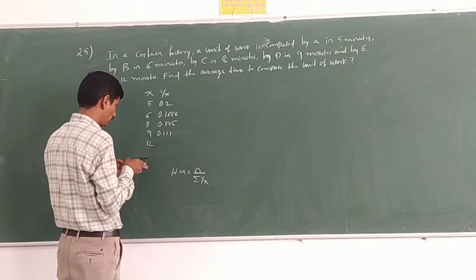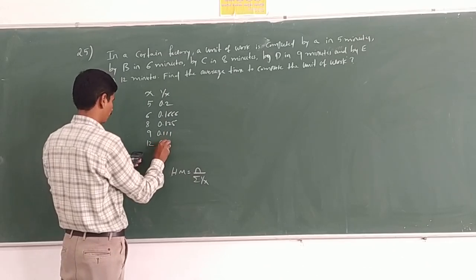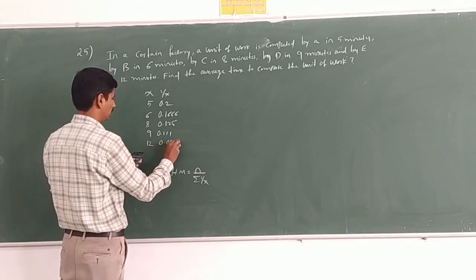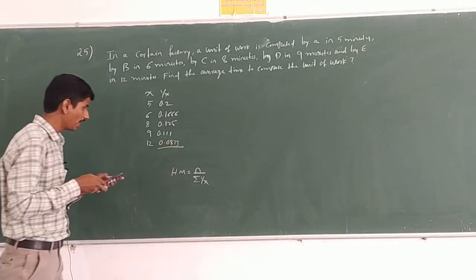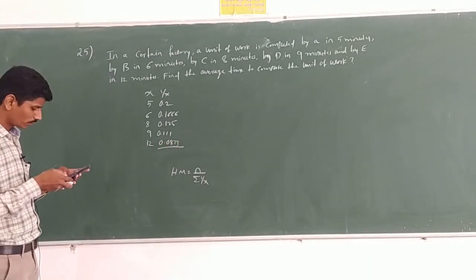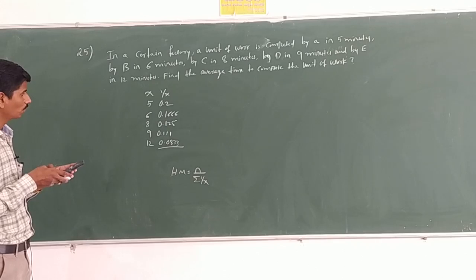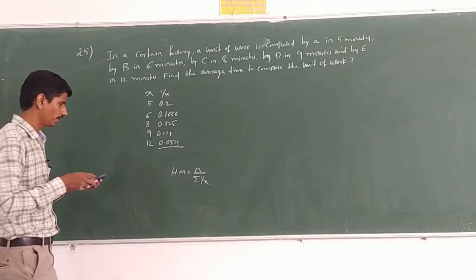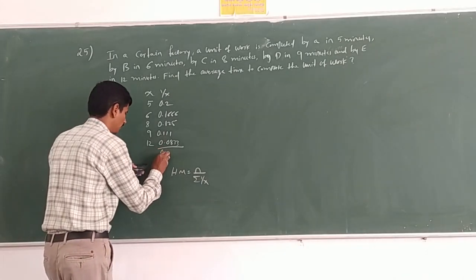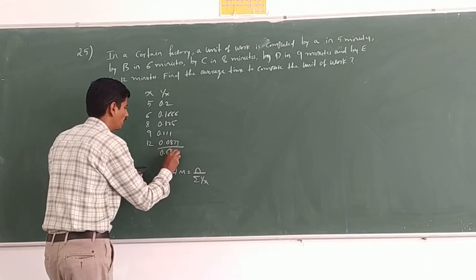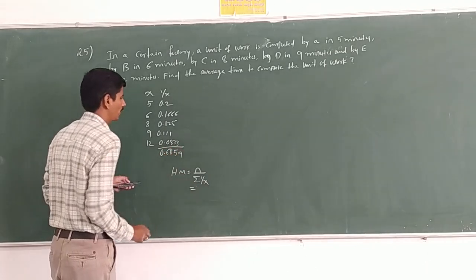Next, 1 by 12 is 0.0833. Then you have to add all the 1 by x values. First one is 0.2 plus the others, and then we will get 0.6859.